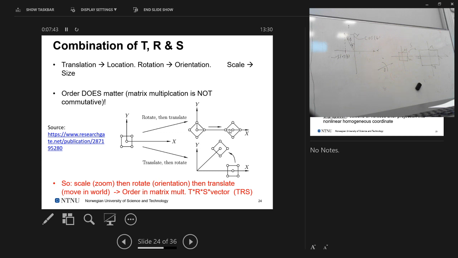So it goes sort of in the opposite direction. And that's why we call it the TRS rule. It's just the order of multiplication seen as you would read text. And this is basically the same as saying I have a function f of x, and I want to take another function g of f of x, and so on and so forth in a nested way. So remember the TRS rule.